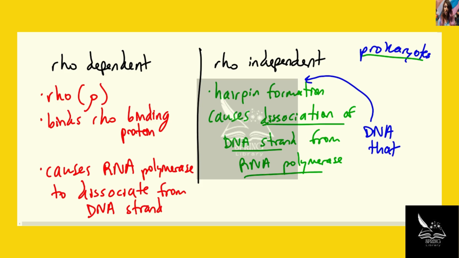And just one more point to add here is that the hairpin formation is in the RNA. It is the RNA that emerges from the transcript once it's been transcribed, from the RNA polymerase.